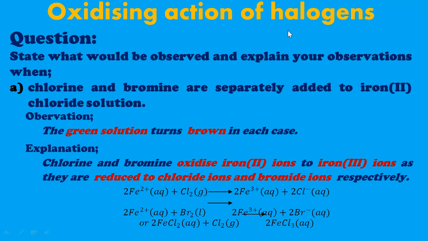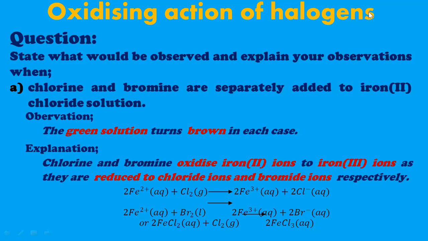State what would be observed and explain your observations when chlorine and bromine are separately added to iron 2 chloride solution. Very good. We want to know what we shall observe when we add chlorine and bromine to iron 2 chloride solution.